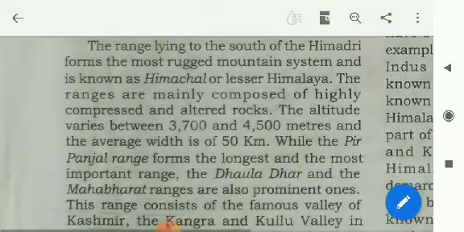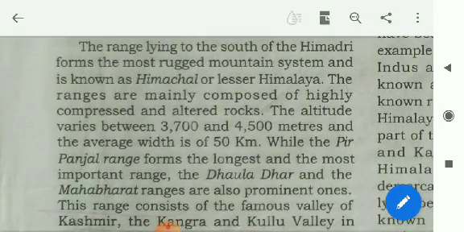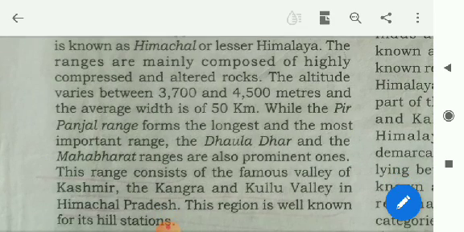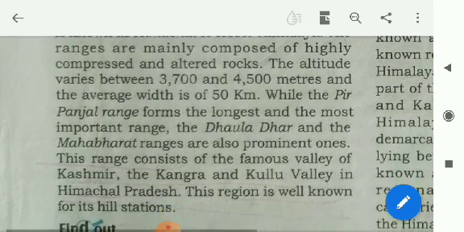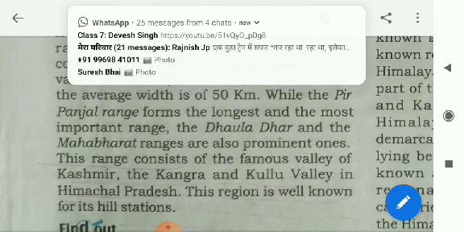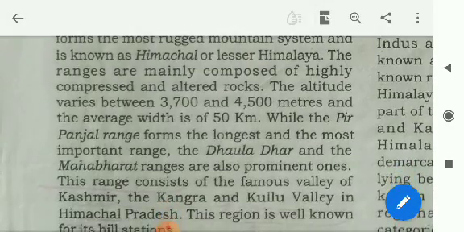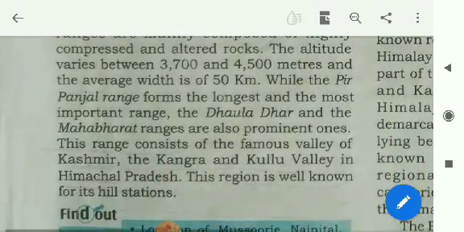The range lying to the south of the Himadri forms the most rugged mountain system and is known as Himachal or Lesser Himalaya. The ranges are mainly composed of highly compressed and altered rocks.